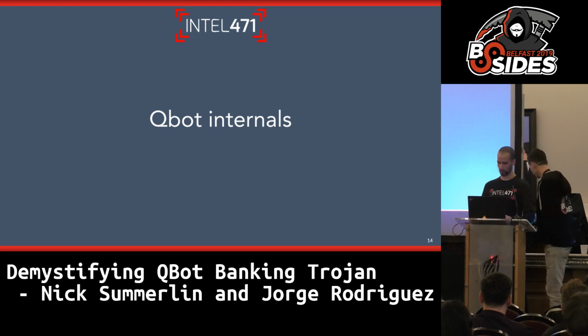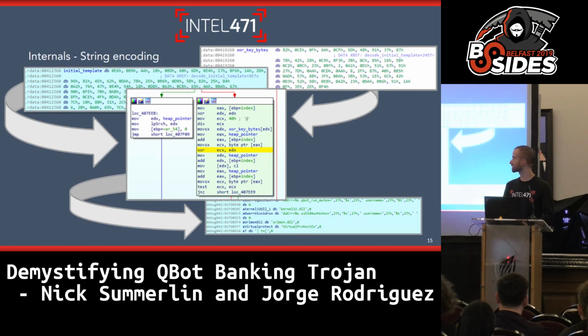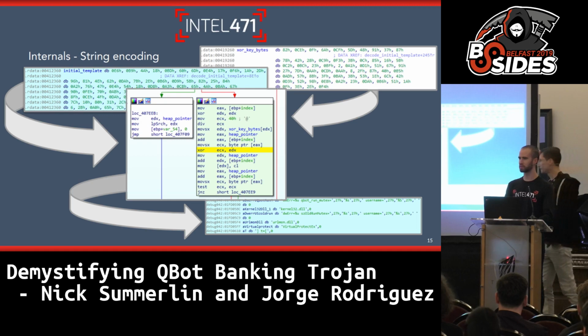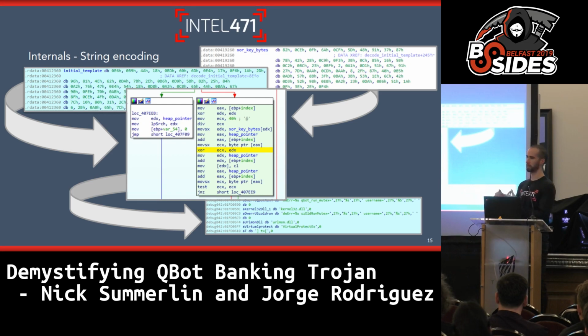So now that we have an overview of the QBot threat, let's dive into the internals. First of all, we have to mention that when we fetch binaries through malspam or through Emotet or any other means, the sample is packed under a custom packer. They seem to always use the same one, but it's polymorphic, so perhaps that works against antivirus detection. After unpacking, we have another layer of protection which thwarts static analysis.